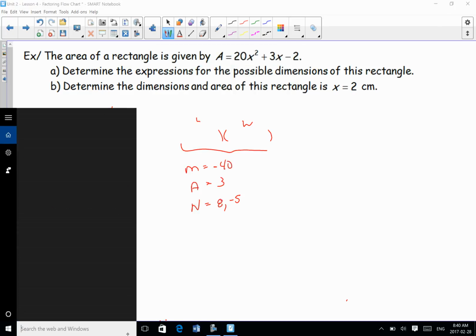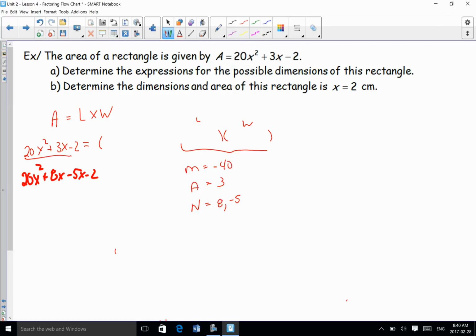We'll common factor each half. So the common factor of the first part is 4x, and we're left with 5x plus 2. Common factor of the second half, I can only take out a 1. 5x plus 2 is good. My common bracket is 5x plus 2. Leftover stuff is 4x minus 1. Here's my length, here's my width. Those are expressions for the dimensions of the rectangle.